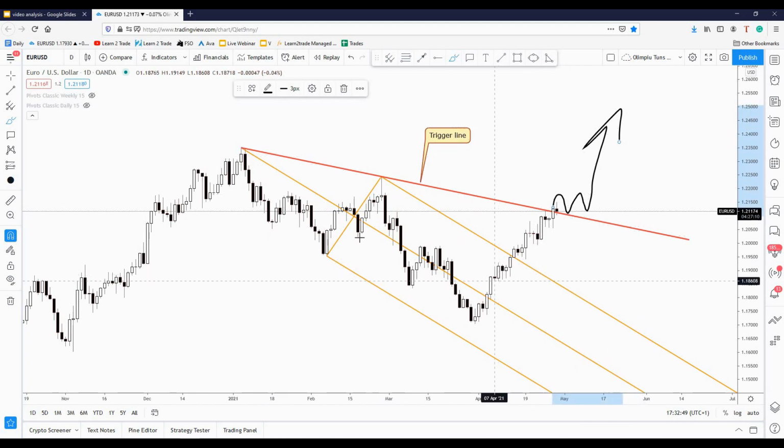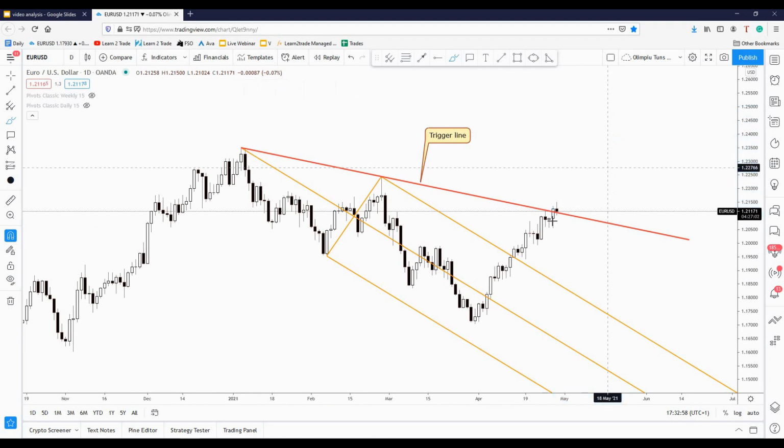After this temporary decline, corrective phase, the price activates a further growth here on the euro versus the US dollar if it stabilizes and confirms this breakout above the trigger line.